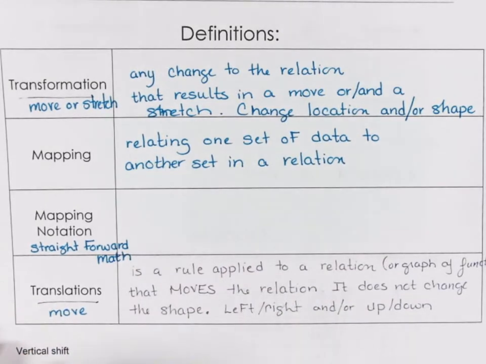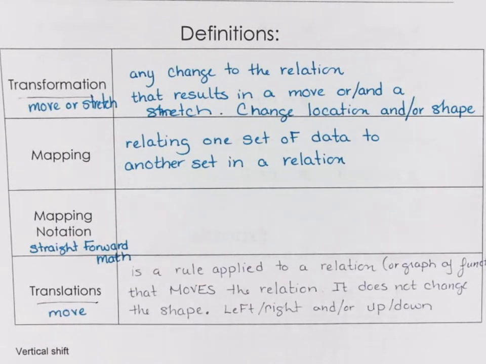So the way we do mapping notation is super easy. Let's say I want to translate. I want to move my graph 2 units up. What am I going to do? Is that going to affect my X values or my Y values? Y, because Y is about the range, right? And we're going up.